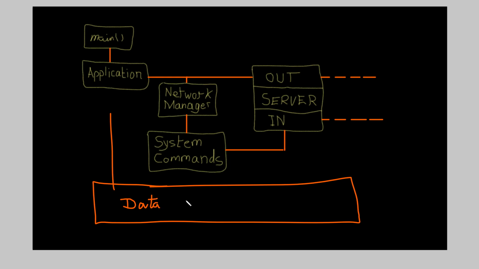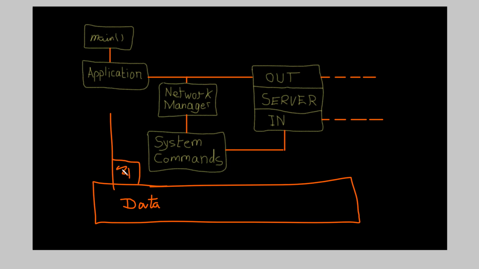Our Windows screen system. No, display will probably be kept separate, I think. I think update display will probably go here. That'll be your display. Somewhere in here will be the display.